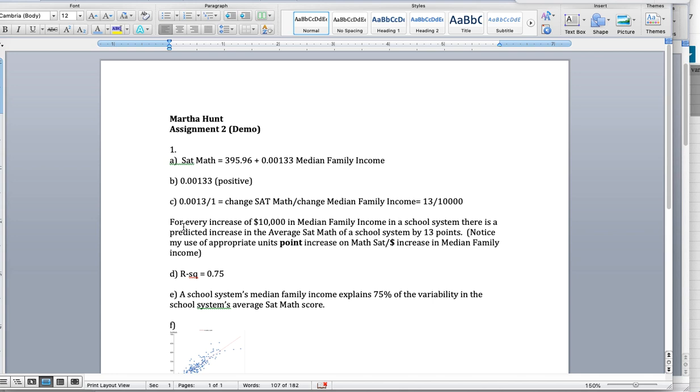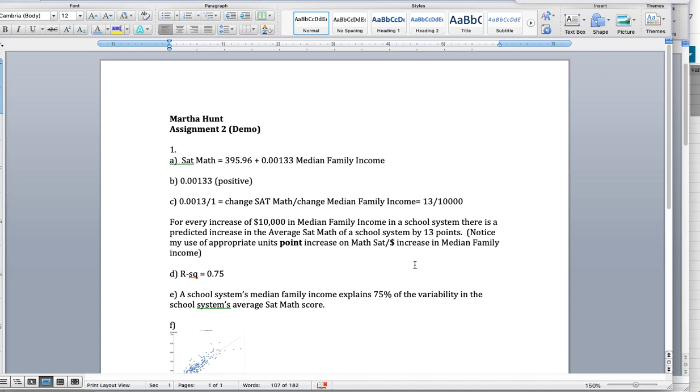So we're going to interpret the slope, and you read from the bottom up, the change in x first. For every increase of $10,000 in the median family income, and this isn't per student, this is per family income in a particular school system, there is a predicted increase in the average math SAT score of a school system of 13 points.